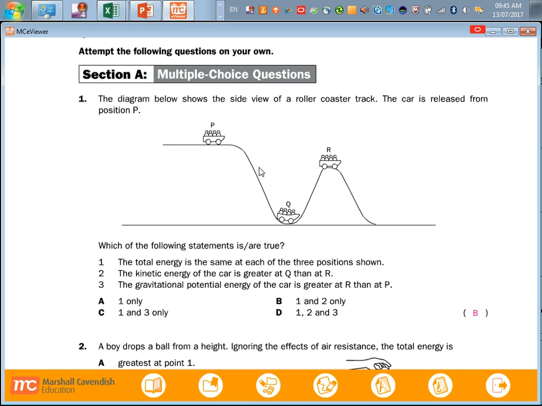So because there's energy loss over here, energy loss over here, we expect in reality total energy at R is going to be less than at P. So if it is going to be the same height, or if it is going to be higher, then the roller coaster is not going to be able to climb all the way up unless you supply energy to the roller coaster. That means maybe you supply electrical energy, like your MRT, then it can climb, can go up. But the MRT doesn't climb so high, but you get the idea, okay?